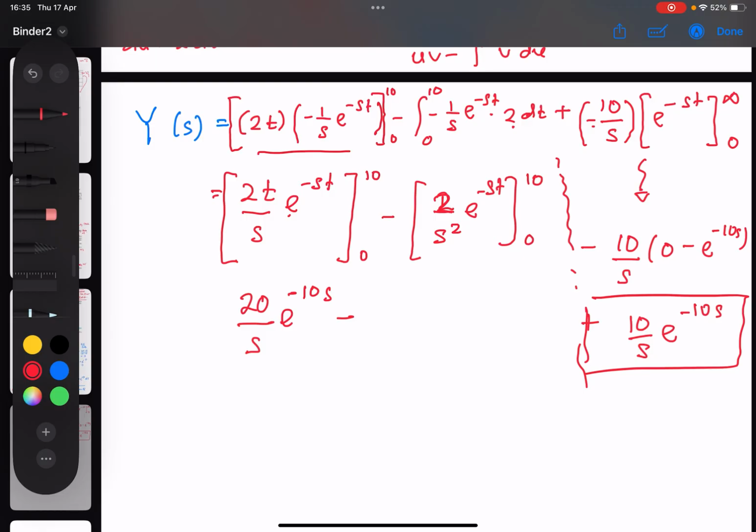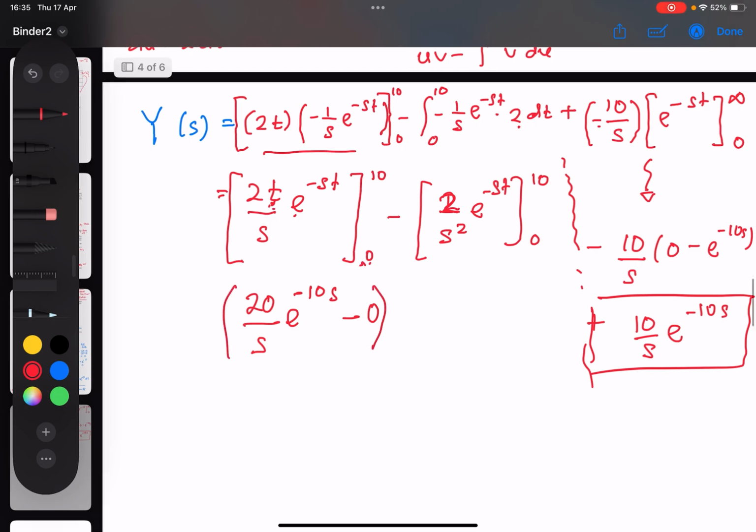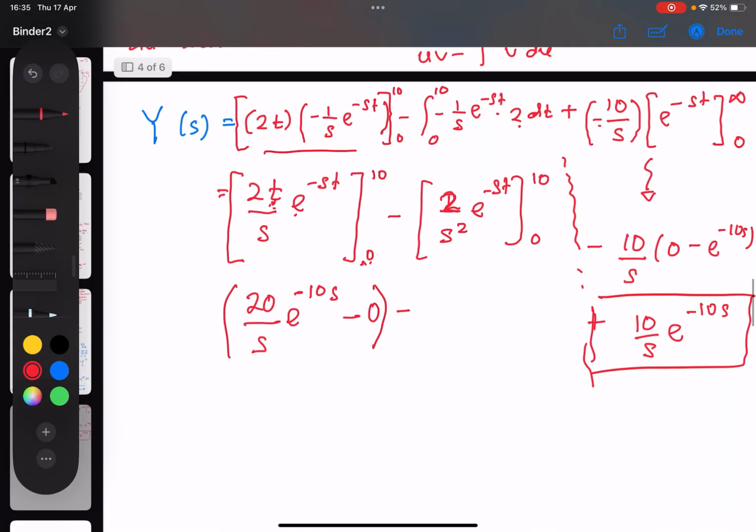E to power of 0 should be equal to 1, but then I have a t here, so this one is going to be 0. 0 multiplied by 1 is going to be 0 minus 0, because t equals 0, therefore whatever you multiply by 0 is going to be 0, minus 2 over s squared divided by e to power of 10s minus, oh gosh, 2 over e to power of 0 is going to be 1.